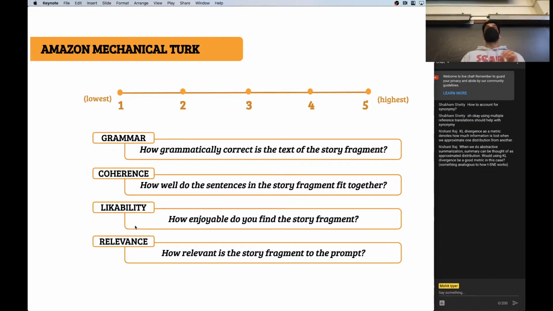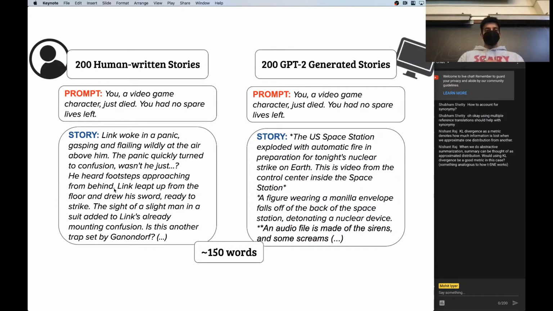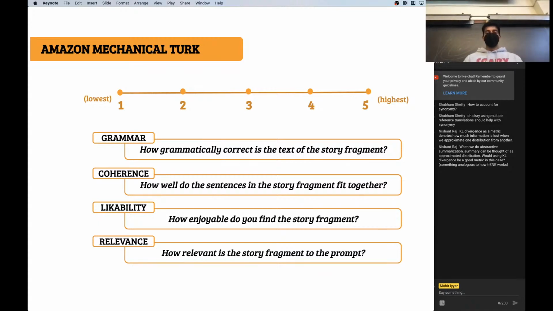Likability is probably the worst thing that you could ask someone to evaluate because it's extremely subjective, right? I could read this story and be like, I don't like Zelda, so this is not enjoyable. Or I could be like, I'm a huge fan, this is enjoyable regardless of whether it makes sense or not. So we added this in our experiment because almost every paper we looked at in this space evaluates something like likability, but in general, there's no agreement.